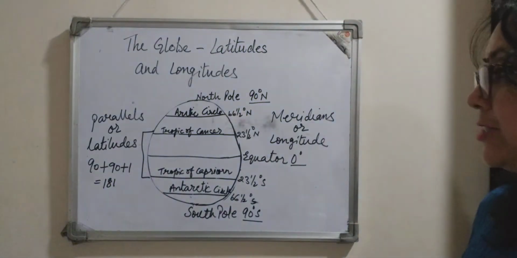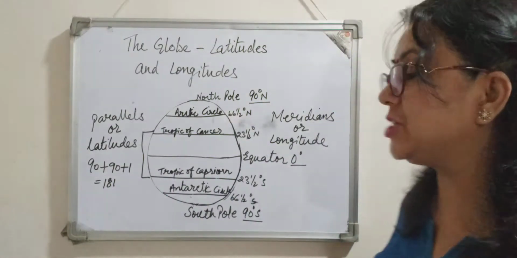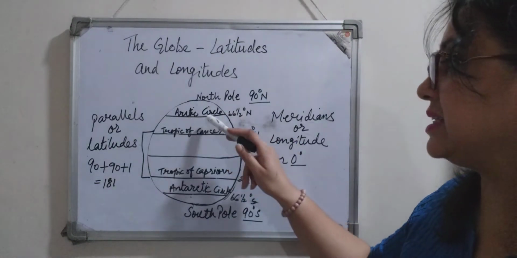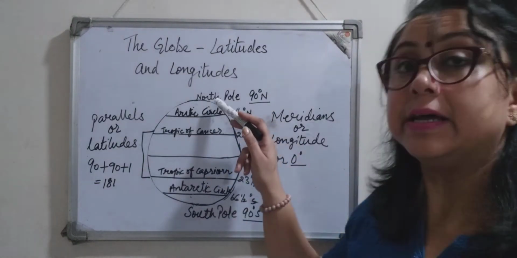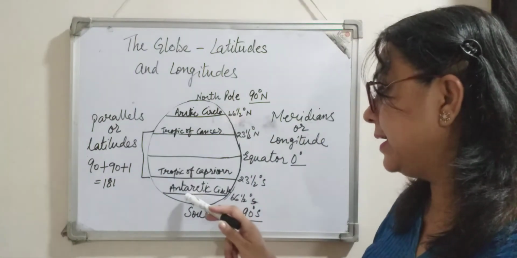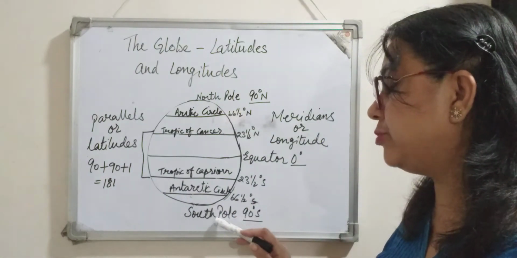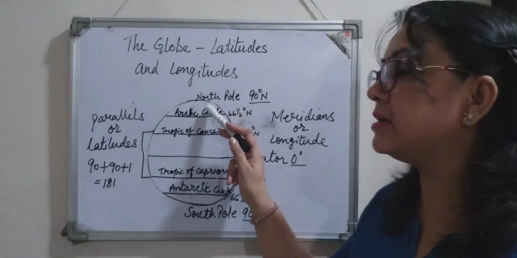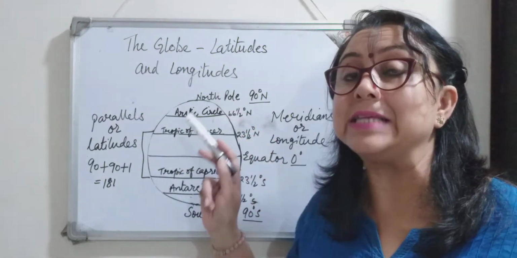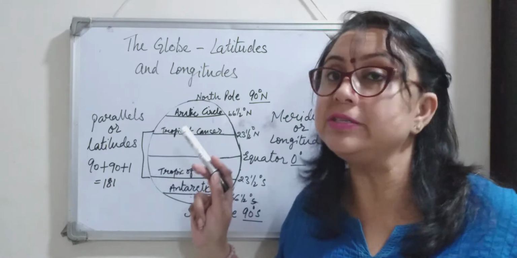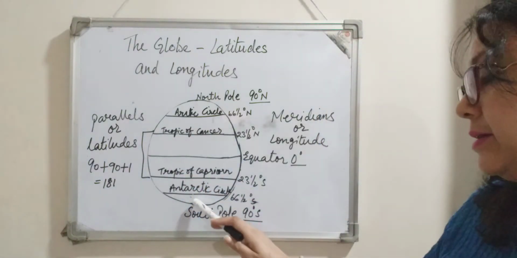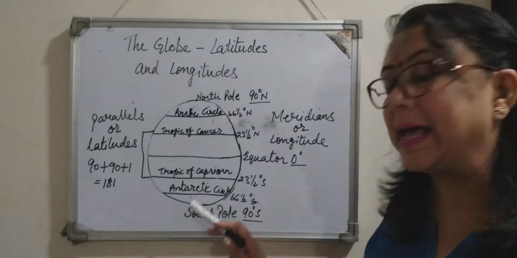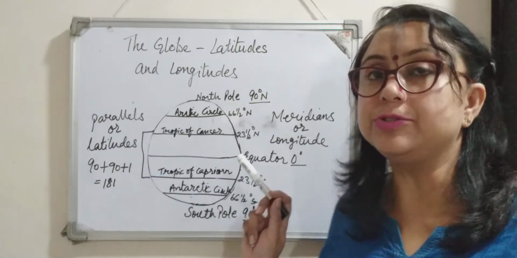And next we talk about the area which lies between the Arctic Circle and North Pole in the northern hemisphere, and Antarctic Circle and South Pole in the southern hemisphere. So this area in the north is known as North Frigid Zone, and in the south it's known as South Frigid Zone.